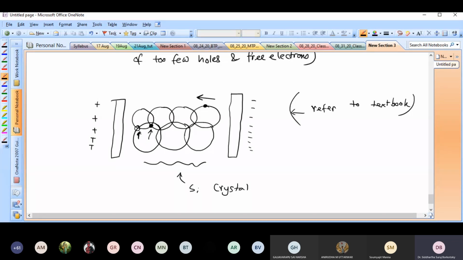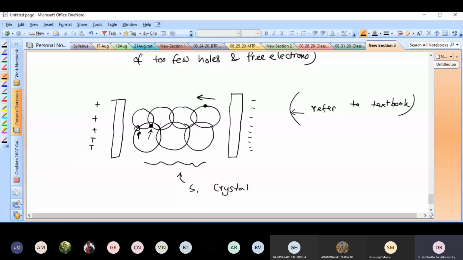Then another electron to the right of it might jump into this hole, so the old hole is balanced out because a new electron is coming in. But the old electron will leave a hole behind on the other side.